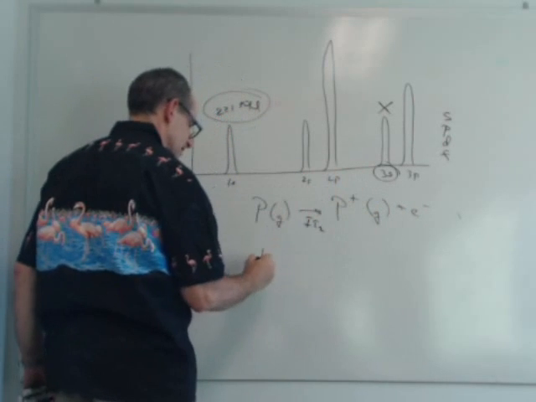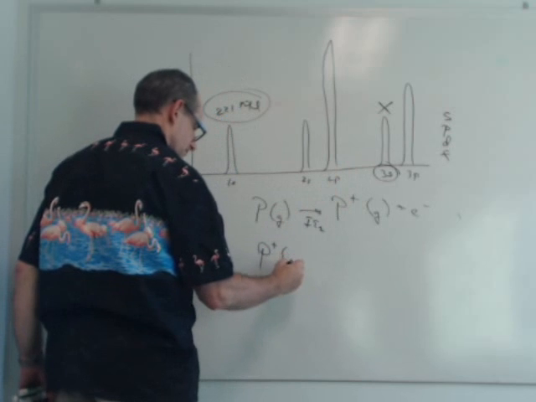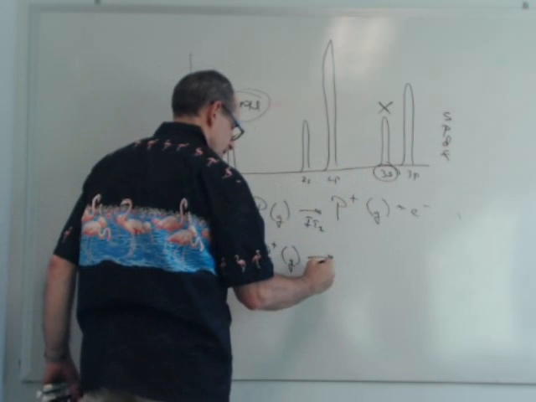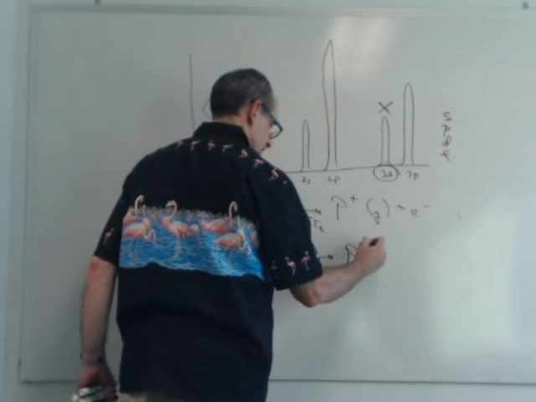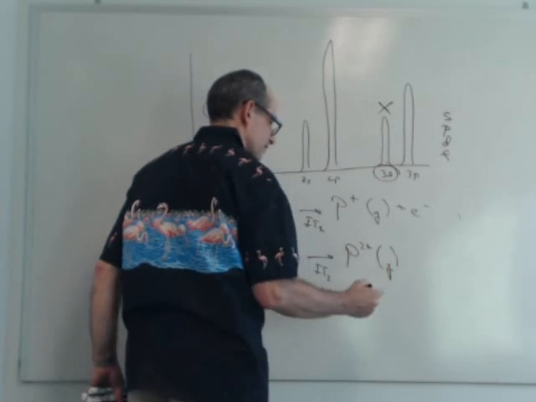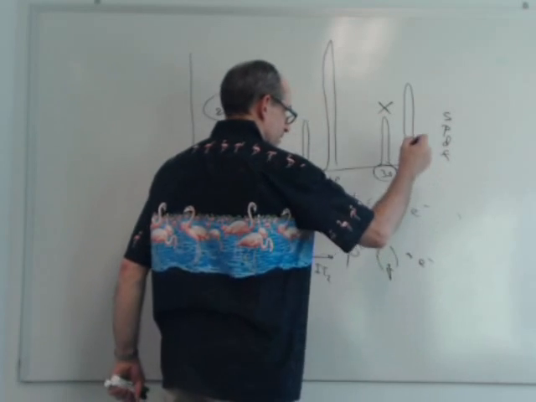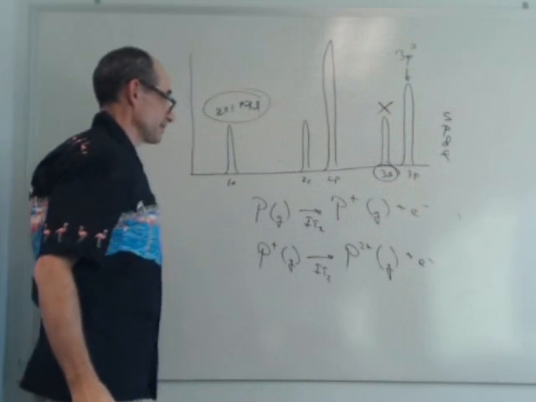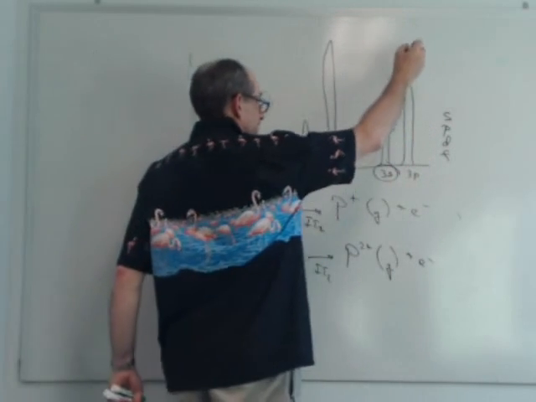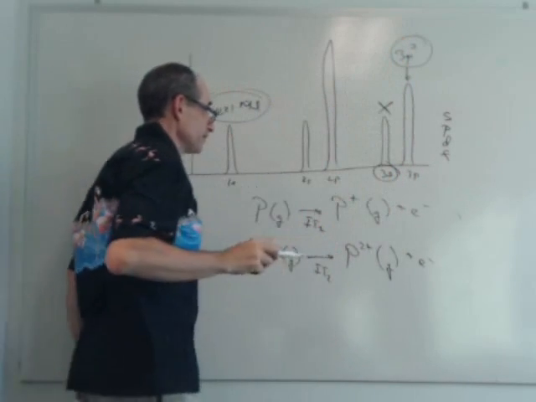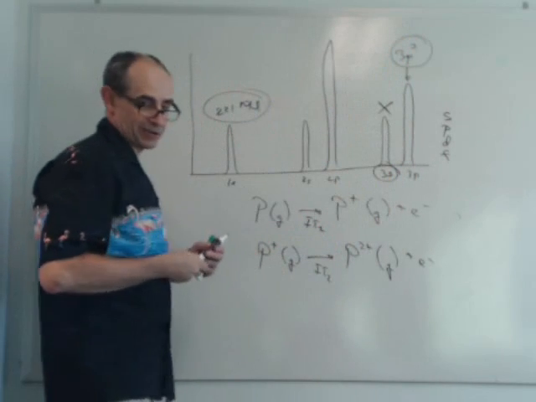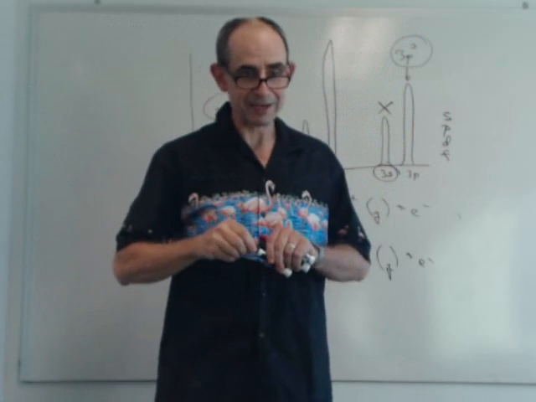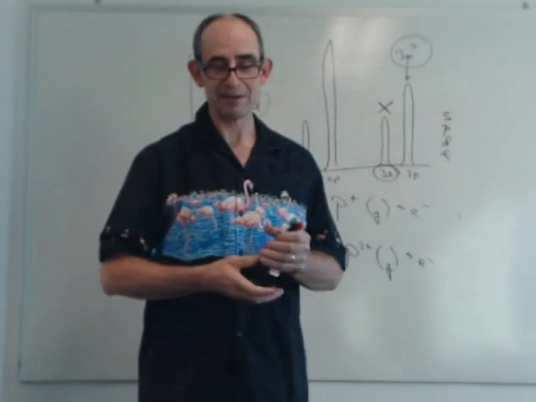The second ionization energy would be just what it sounds like, removing the second electron to generate a positive 2 ion plus an electron. Well, since we've got 3 electrons in the 3p subshell, the first 3 ionizations would all remove electrons from that 3p subshell. So the second ionization would be removing electrons from that 3p subshell.